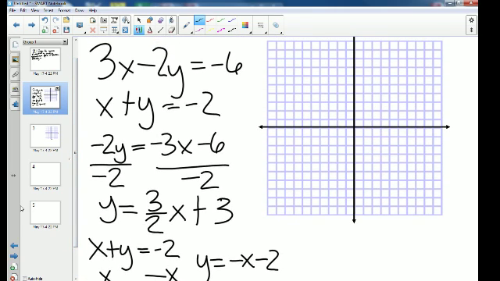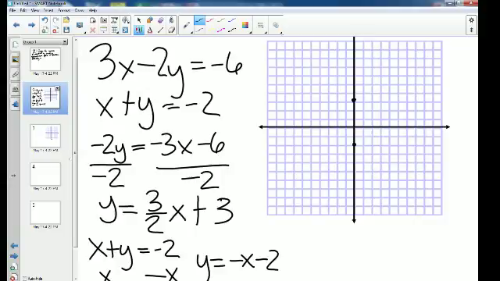We're going to have y-intercepts at -2 and at 3. So you put one point at -2 and one point at positive 3.